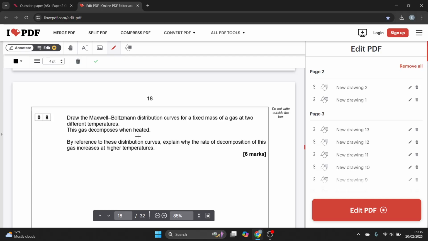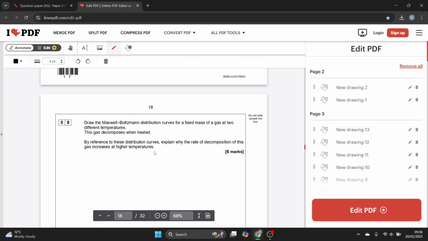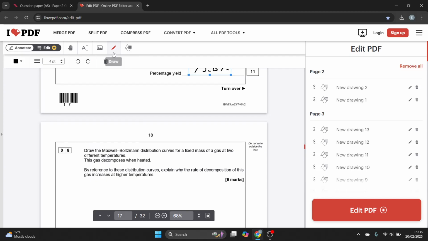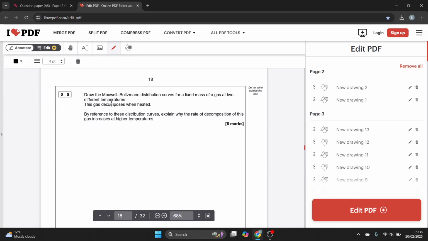Question 8. Draw the Maxwell-Boltzmann distribution curve for fixed masses of gas at two different temperatures, 6 marks, and then explain why the rate of decomposition increases at high temperatures.